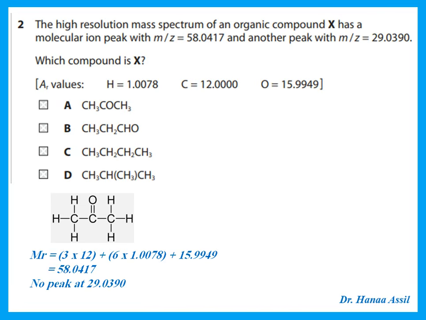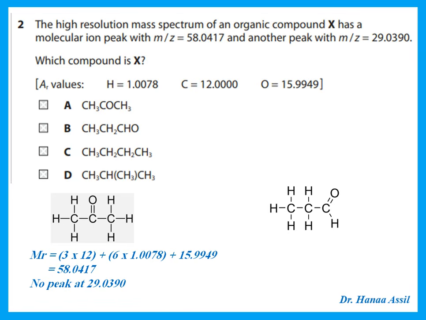So propanone, will it have what he's asking for? Well, if we calculate its Mr it is 58.0417, so it will have a molecular ion peak at that m/z, but it does not have a peak for 29 point something. So this is not our answer. Okay, what about this one?